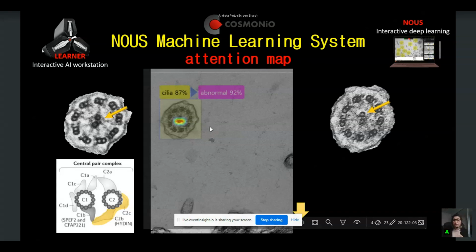And when the C2b is absent, and I have a scheme here, sorry for being a bit detailed on this genetic bit, but I really wanted to tell you that when this protrusion of the central pair is missing, we might have a hollow bit on the cilia here. And this was actually detected by the machine.